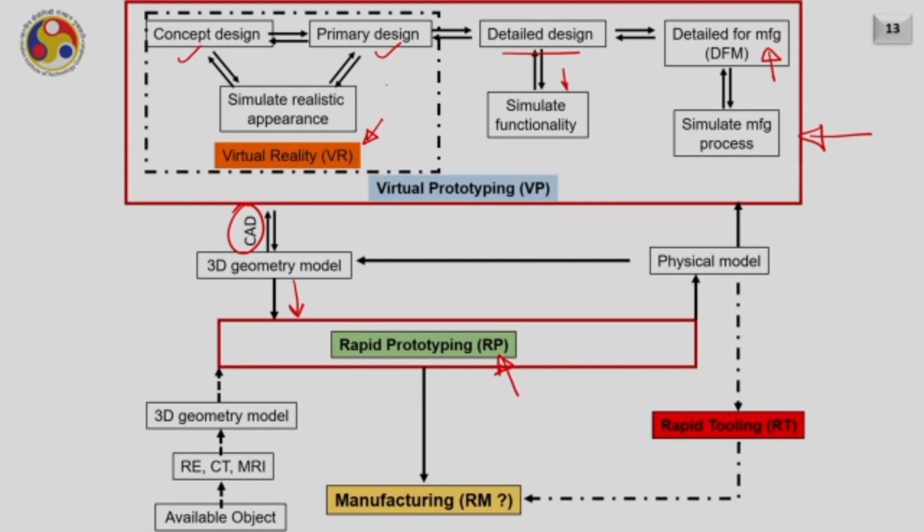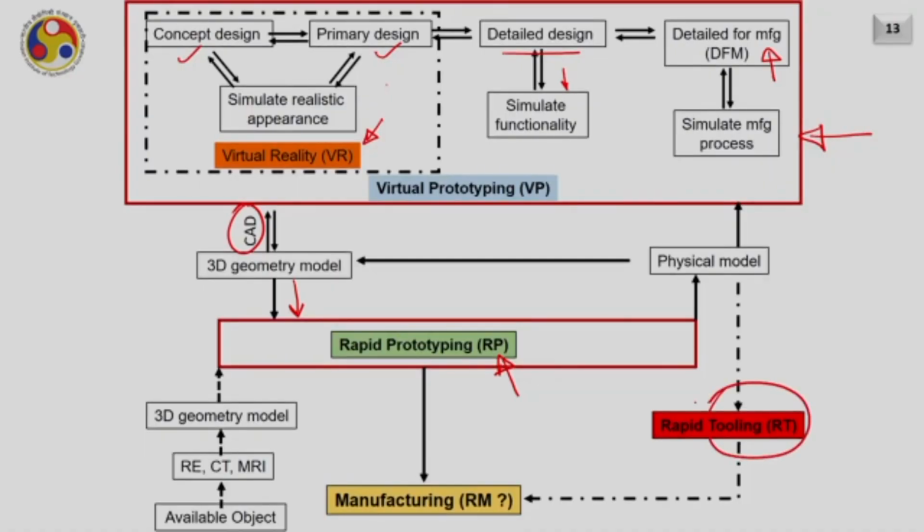Also, there are some parts in the manufacturing process that are really not in large numbers, such as the toolings. If I talk about the injection molding tool, they are really few in number, but the parts produced by the injection molds are very large in number. Therefore, if we produce the tooling in a rapid manner, then the process should be called rapid tooling.